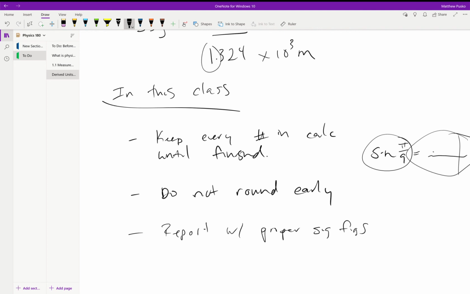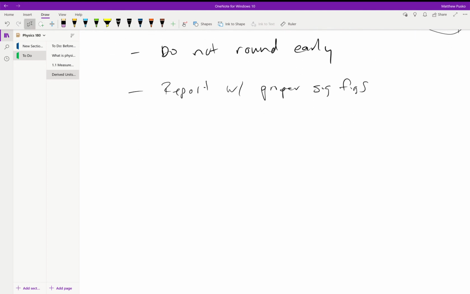There's special cases. Take a look at the reading. Always read all of these sections. Don't rely on me to. You must read the book. But if you're only given 2 significant figures in your calculation, you can't report 3 back. So I can't say that 10 times 3 is equal to 30.0, right? It's equal to 30.